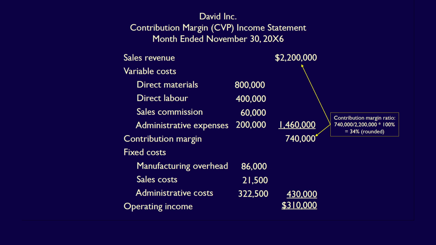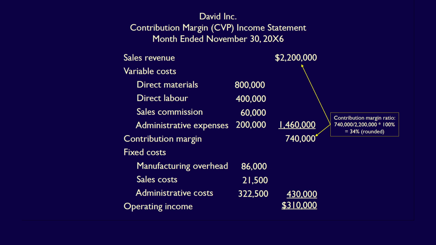In this case, $740,000 divided by $2,200,000 multiplied by 100% is equal to 34%. Well, it actually equals 33.6364%, but I've rounded it to 34%. That is the contribution margin ratio.